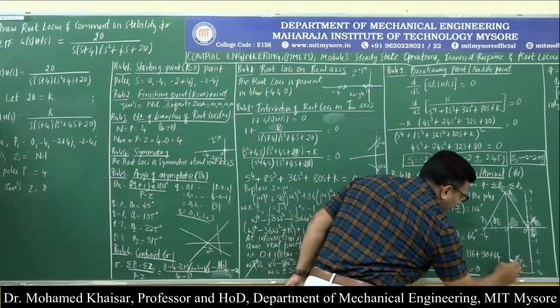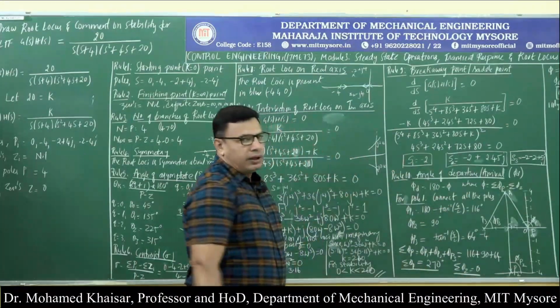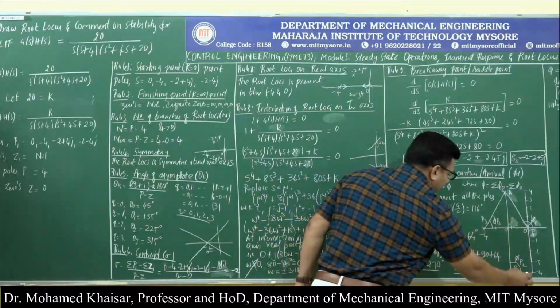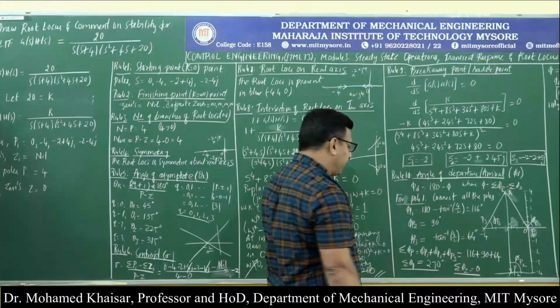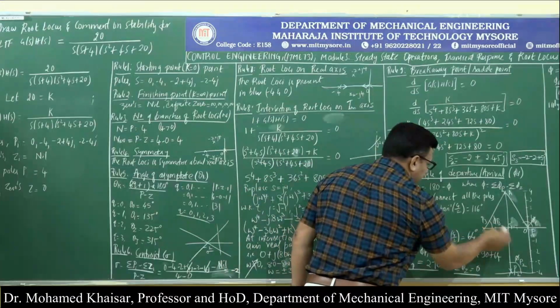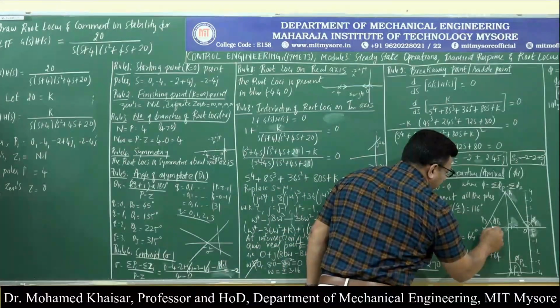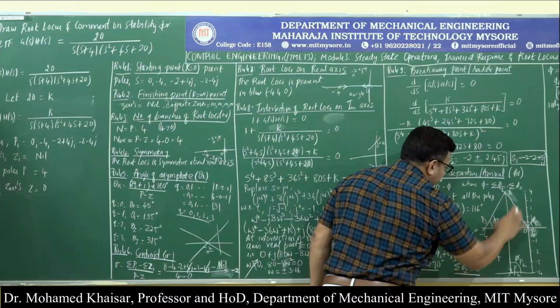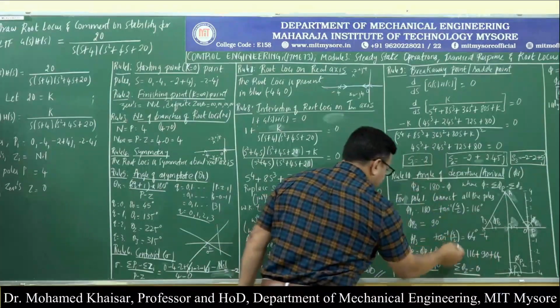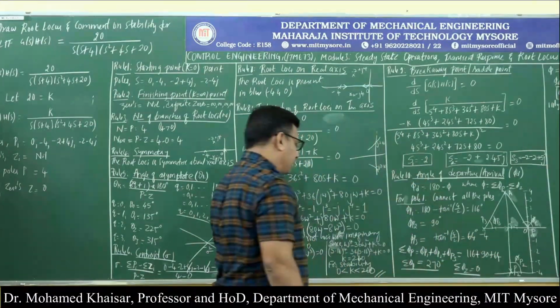Then phi p2 is a right angle, 90 degree. Then phi p3 is tan inverse of opposite side by adjacent side, 4 divided by 2, which is 64 degree approximately.